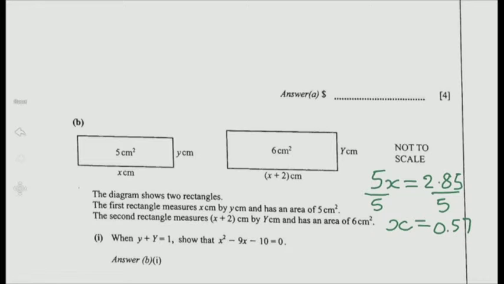Again, the x here represents the cost of 1 bottle of water. So therefore, you can write your answer there. It's 0.57 dollars.